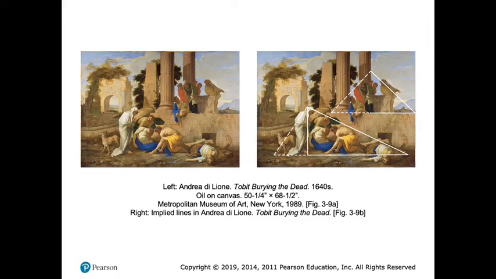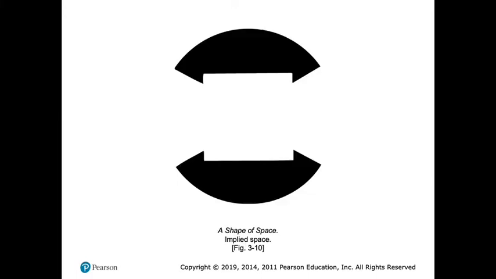And for shape, your book started with implied shape. So you see that if you close your lines, you have a shape. Look at the top part, and the black part is a shape that we have in the bottom too. But can you see the white square that we have here?